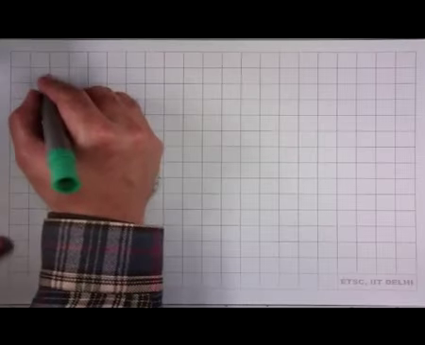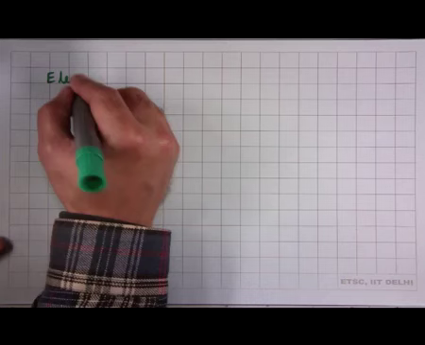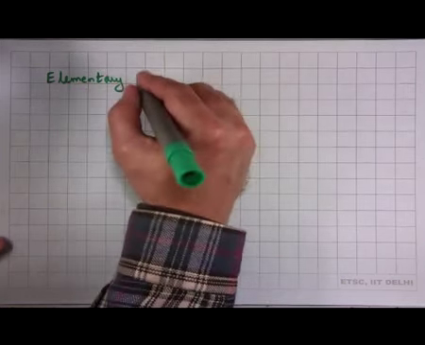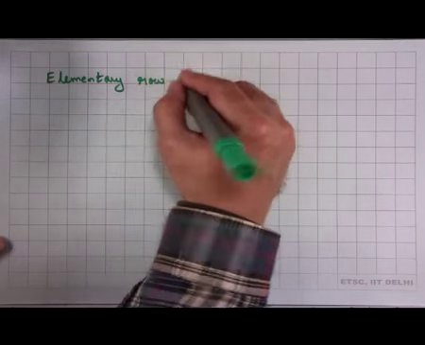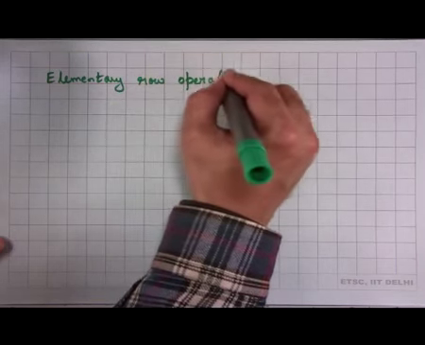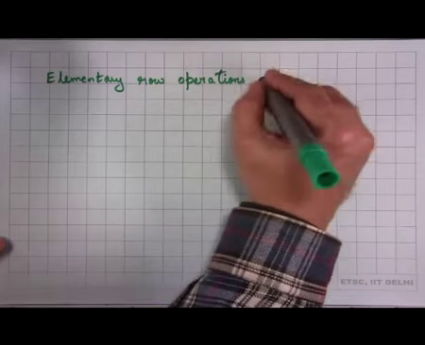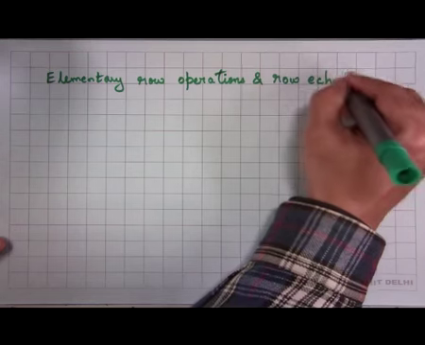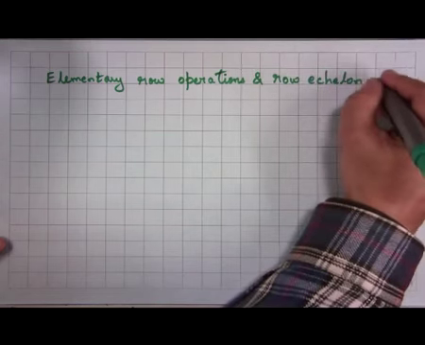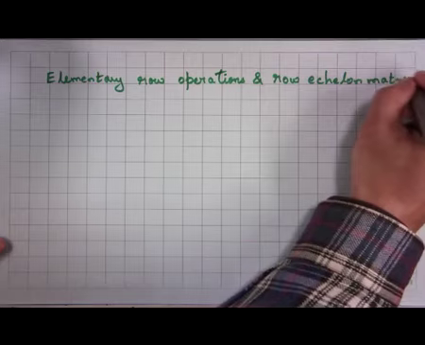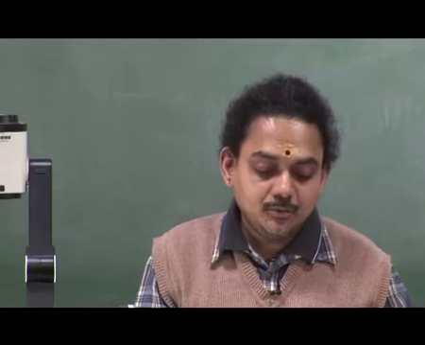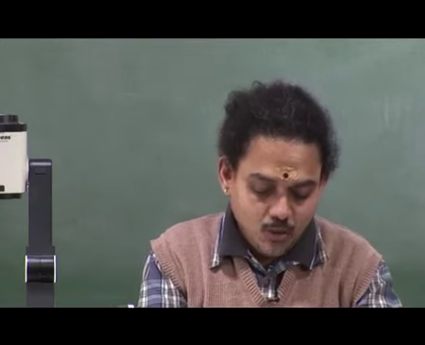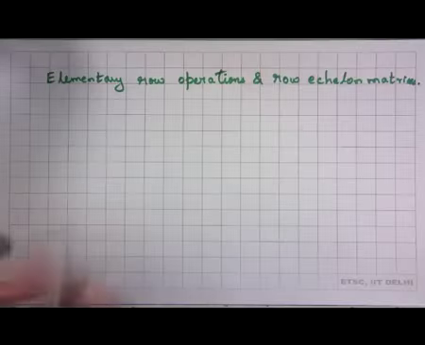Now, let us move on to the concept of what is known as elementary row operations and row echelon matrices. Let us first begin with defining what is a row echelon matrix and then try to understand what is known as the row operations. Fine.